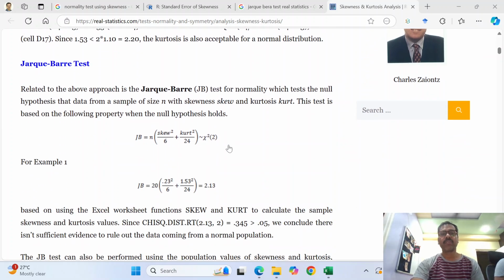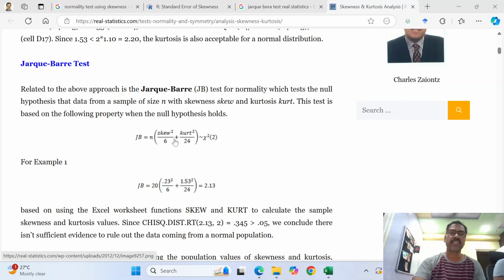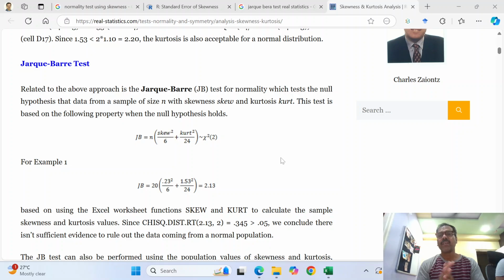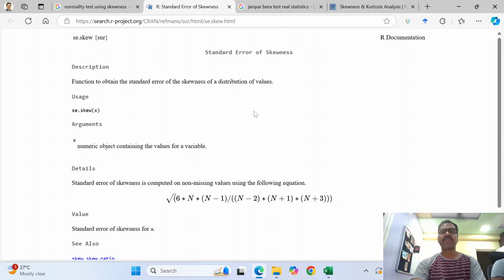Otherwise, if you just want to carry on with the Jarque-Bera test of normality, then we have to calculate the Jarque-Bera statistic based on the skewness and kurtosis. This is the procedure involved in performing a normality test within Excel. There are other software where it is possible to do the same thing.